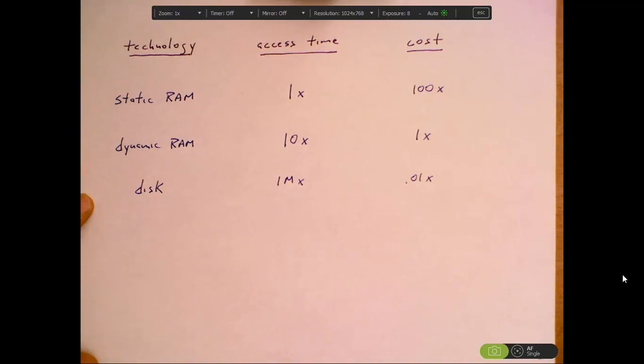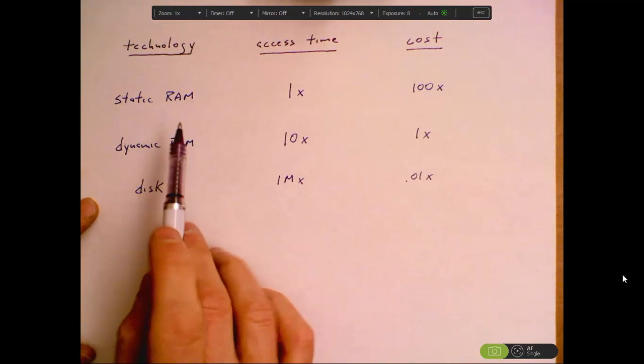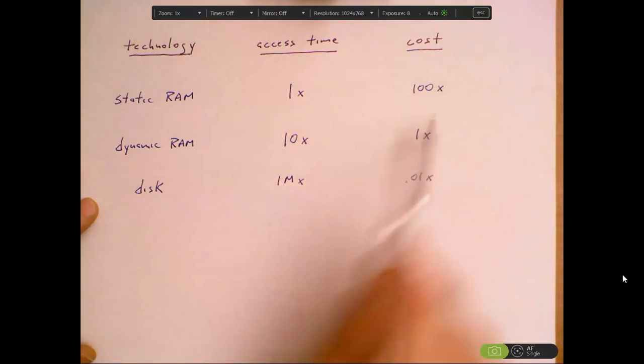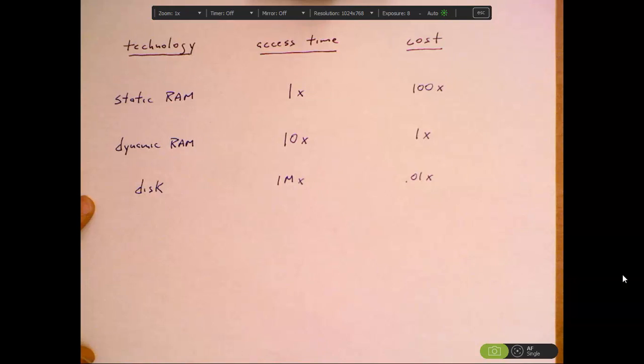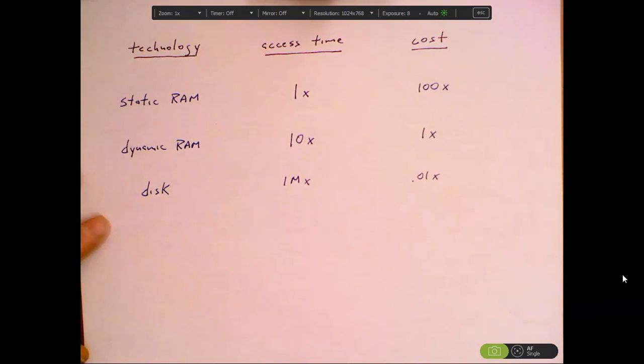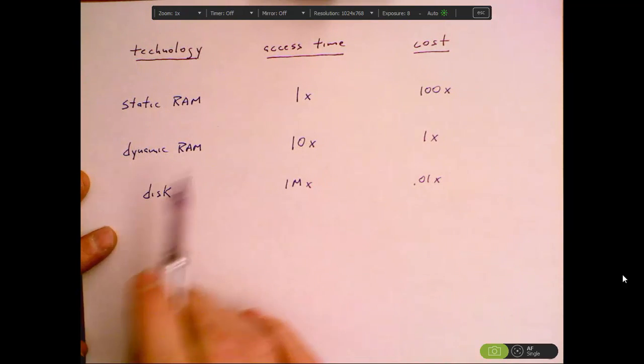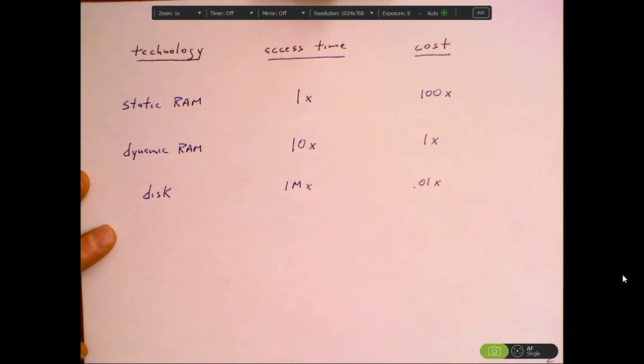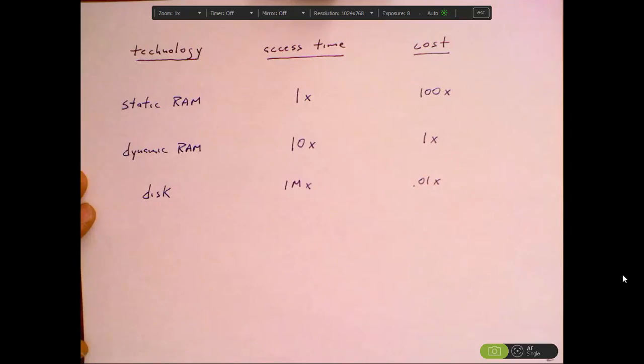But the approach is to try to leverage this very high performance but high cost memory as best we can by putting things in it that we use frequently, and stuff that we're not using frequently we'll back off to lower levels in the hierarchy where it doesn't matter what it costs to actually access it.